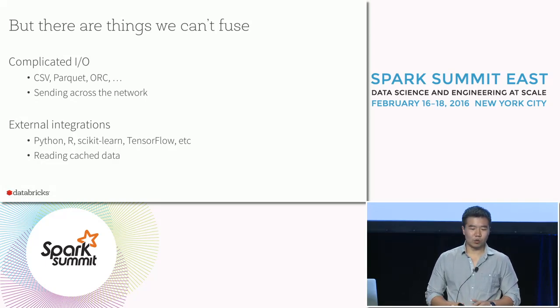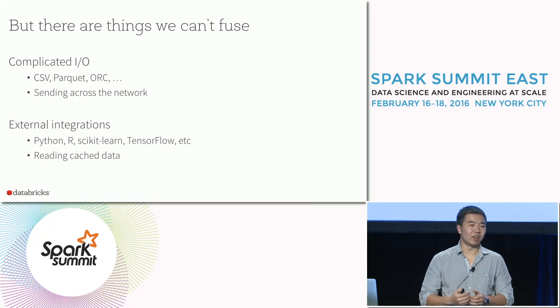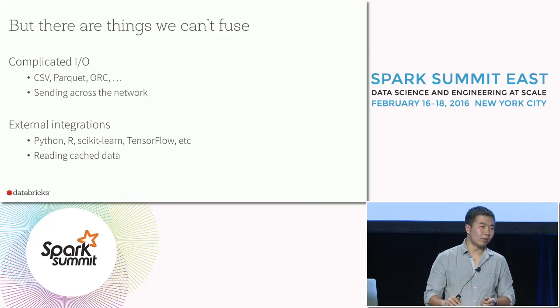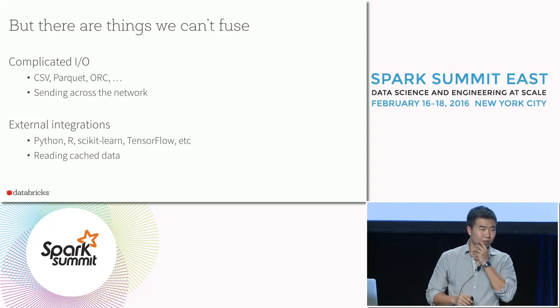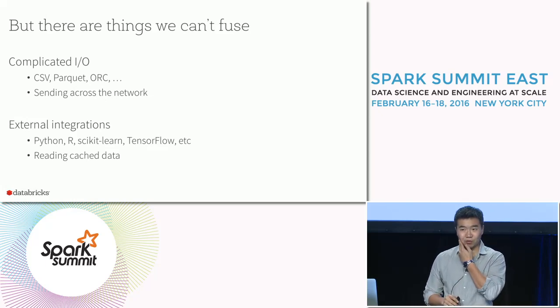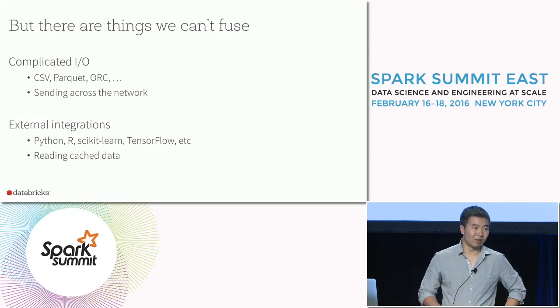And then there are cases when we're integrating with third-party components, so we can't integrate their code into our generated code, right? An example of this is calling out into Python or R, or using TensorFlow, or offloading the computation to the GPU, or reading from Spark's columnar cache, right? We see these as components kind of outside of the operator pipeline. So to address some of these problems, we need to improve Spark's in-memory format.